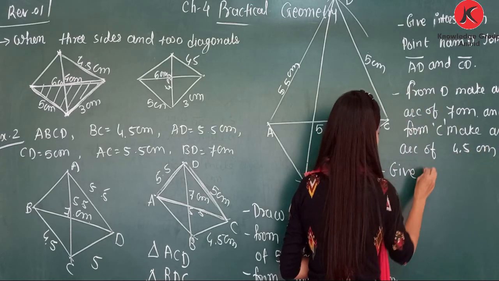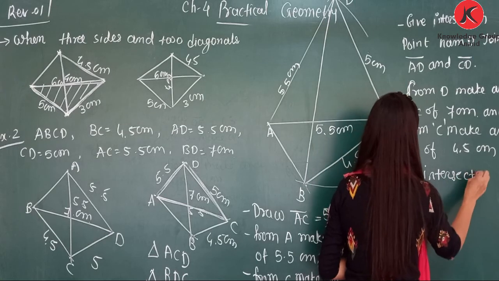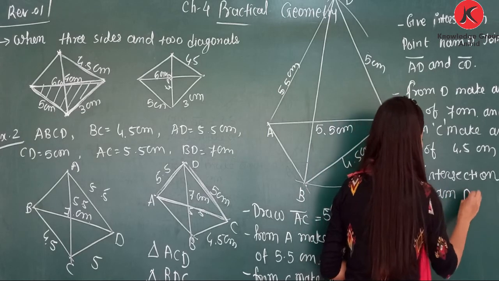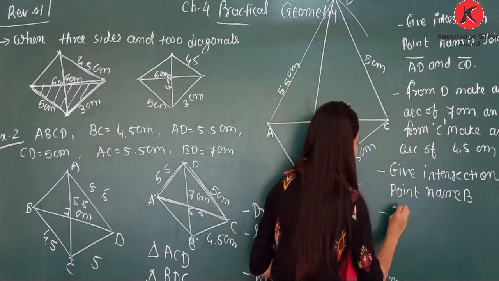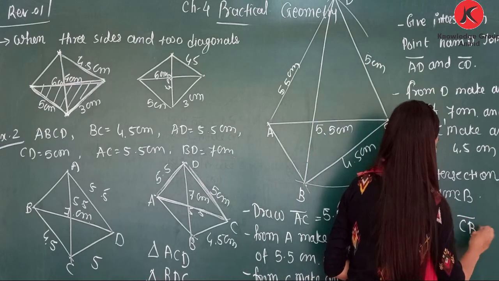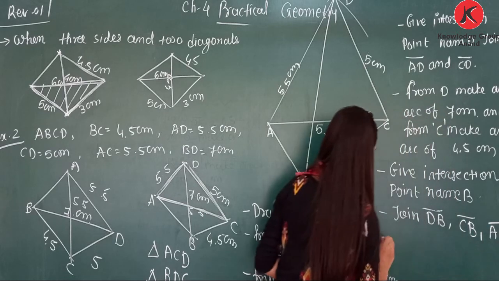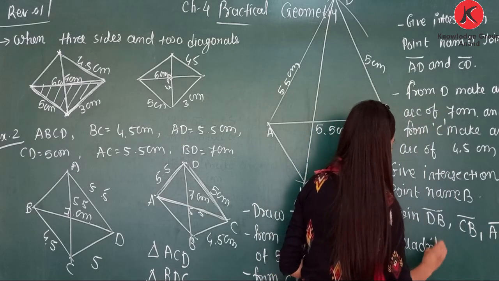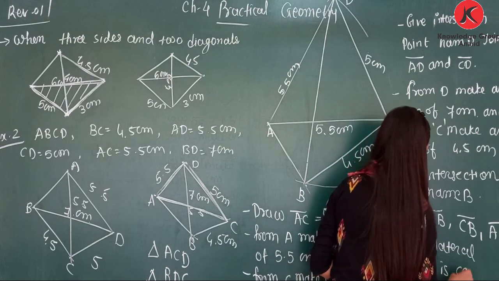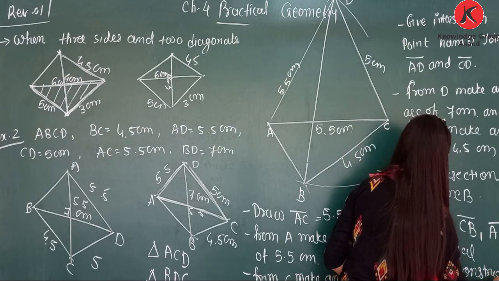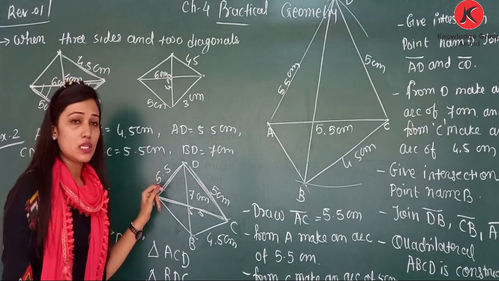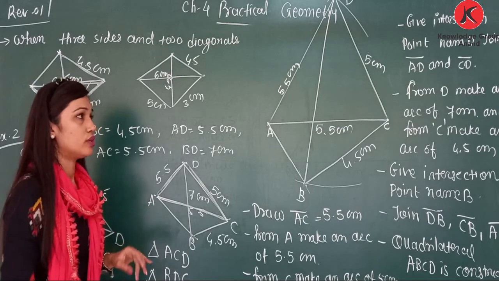Give the intersection point the name B. Next step was join BD, CB and AB. So quadrilateral ABCD is constructed. Clear? So this way we can construct the quadrilateral when 3 sides and 2 diagonals are given.